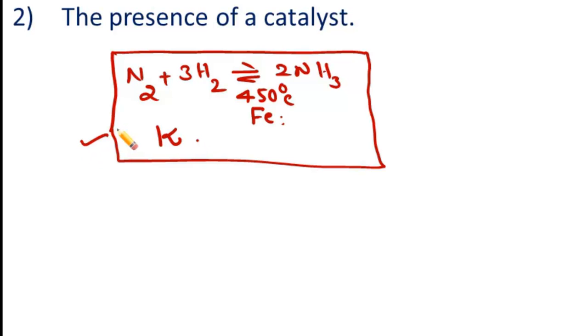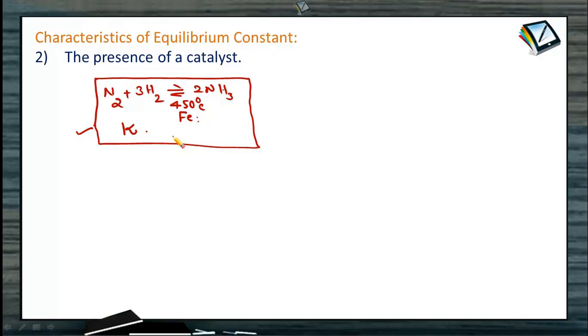In other words, when the system attains the equilibrium without the presence of catalyst, the value of K is found to be the same when the same system is allowed to attain the equilibrium in the presence of catalyst. So the presence of catalyst does not affect the numerical value of equilibrium constant.